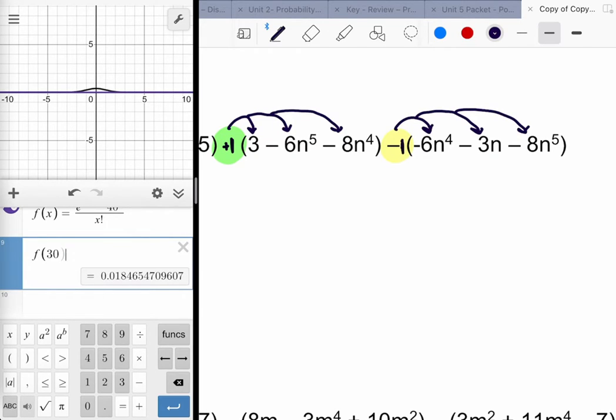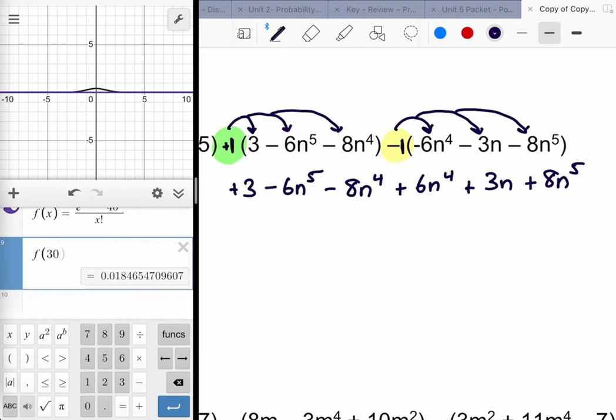So I'm looking at a positive 3, a negative 6n to the 5th, a negative 8n to the 4th, a positive 6n to the 4th, a positive 3n, a positive 8n to the 5th.